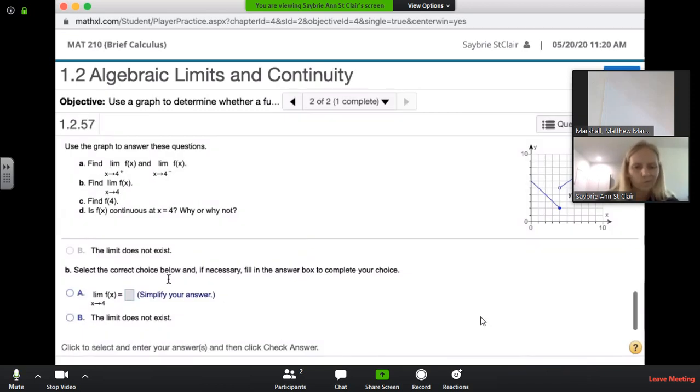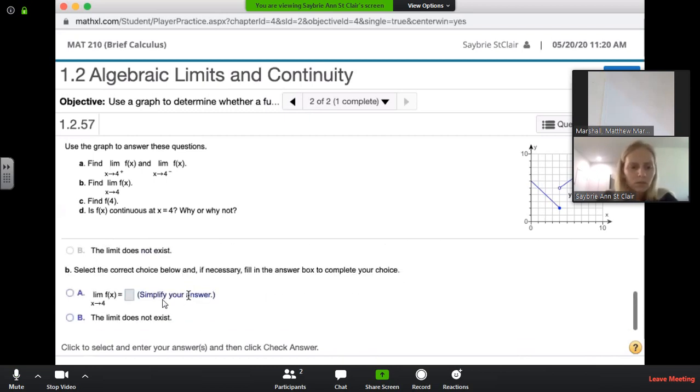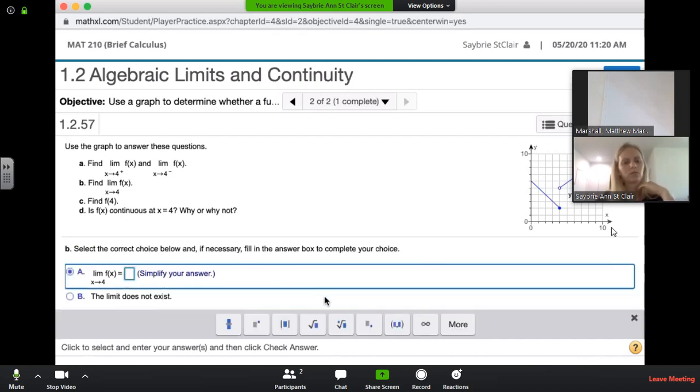And then, what happened? Okay, so this one here, 4, because those numbers were different, this limit again doesn't exist. You can't have those numbers be different.